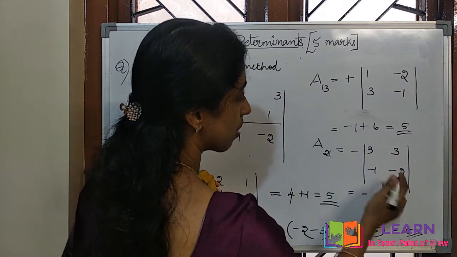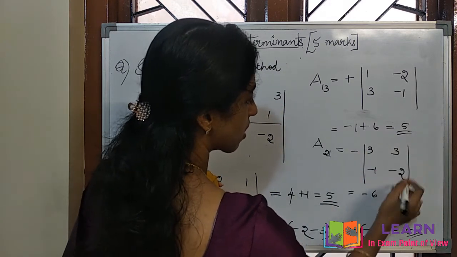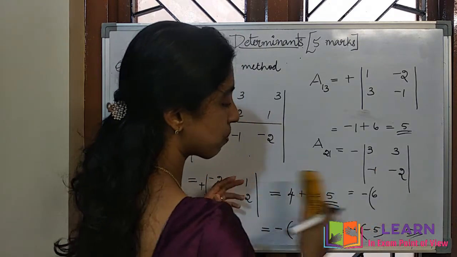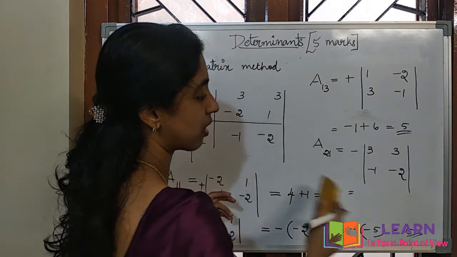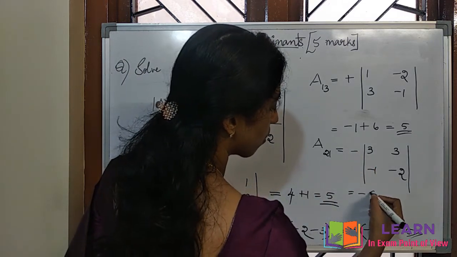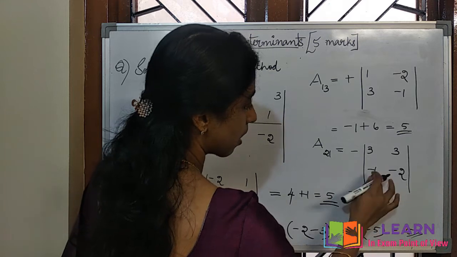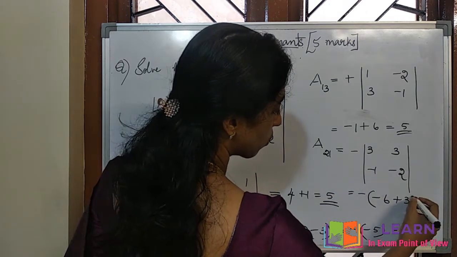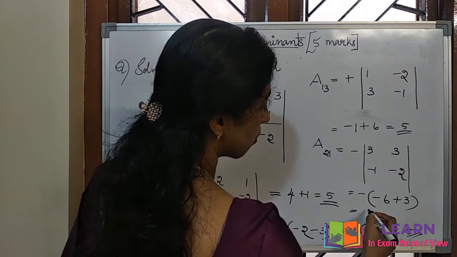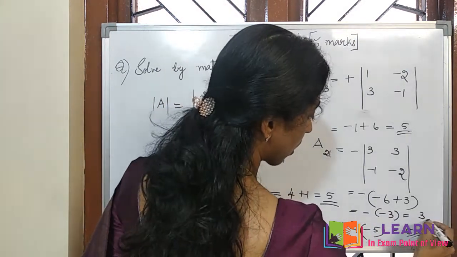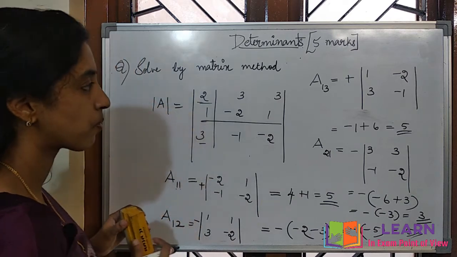This is -6 minus, and there is already a negative sign outside, so put that first, otherwise you will miss the negative sign. First you put this negative outside, then 2 into -3 is -6, minus plus we will get 3, that is negative of -3, it will become +3.